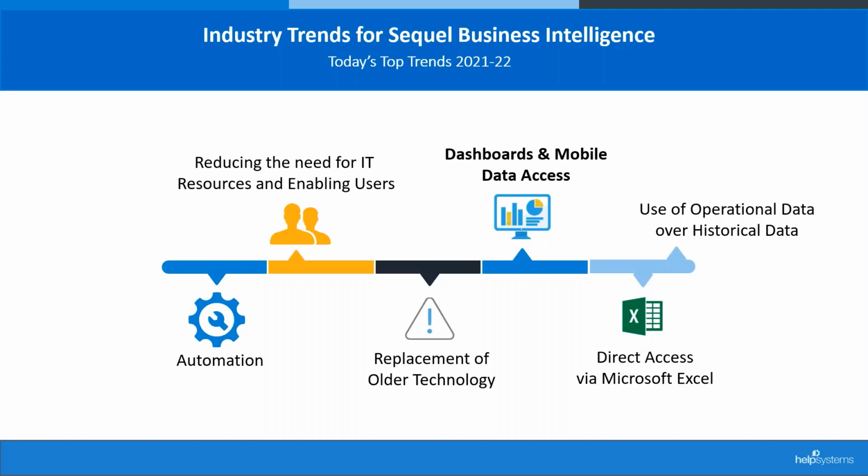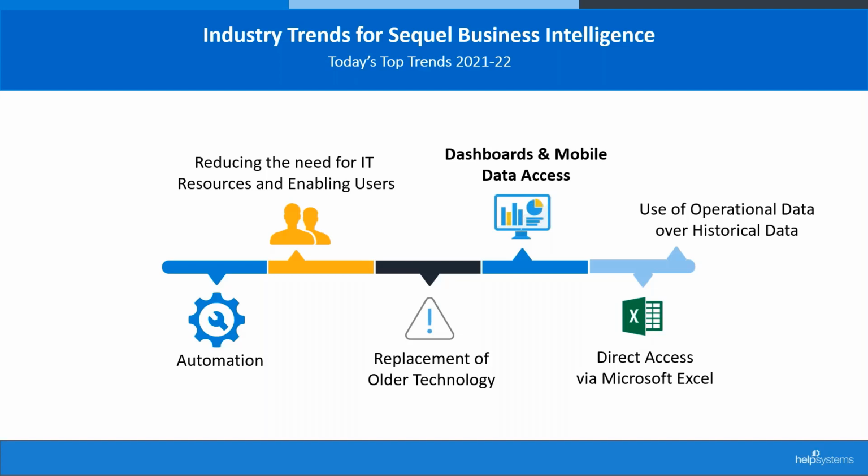Another top trend for years now is reducing the need for IT resources and the enablement of business users to access the data they need when and how they need it. Being able to insert automation when and where it is needed to deliver reports or just pure data access via a desktop application or, like we're talking about today, a web browser is very important.